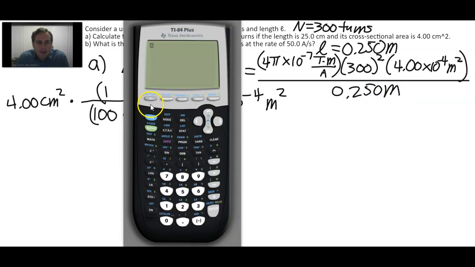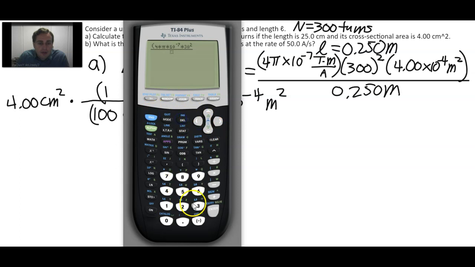Okay, let's use the calculator to aid us. Let's try this calculation, numerator over denominator. So we should have 4 times pi times 10 raised to the minus 7th power. And then that times 300 squared. Whoops, that should be 300. Sorry for that.